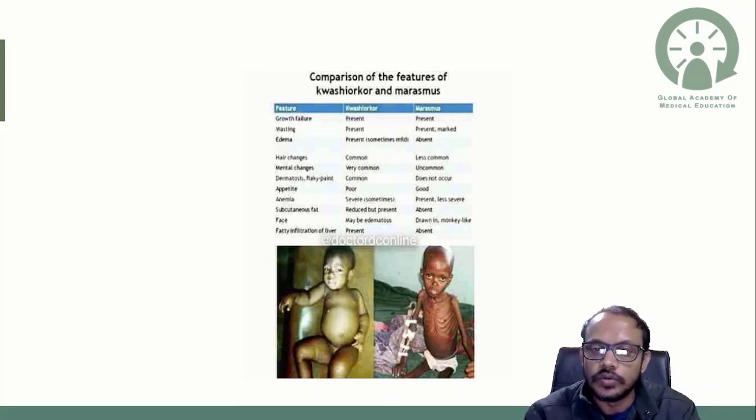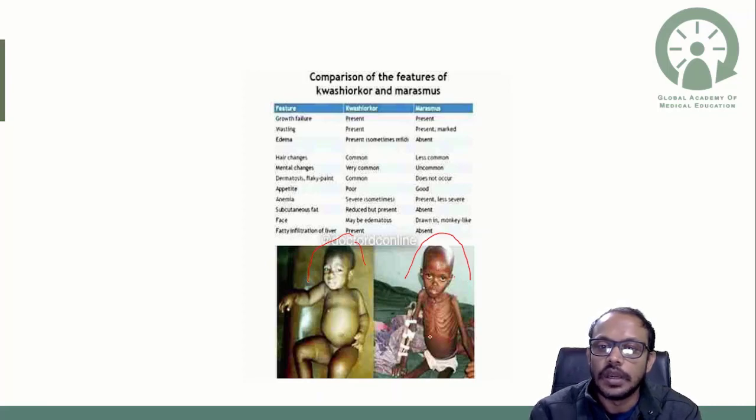So, you can see this child is kwashiorkor, and this is the marasmic child. Marasmus, as we learned in our undergraduate, is a very characteristic type of child, and you can see his ribs here. And here the child is not looking very characteristic, but edematous.